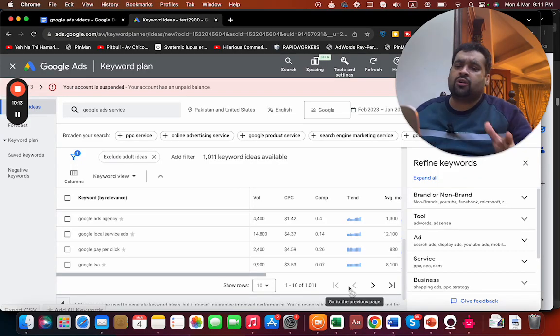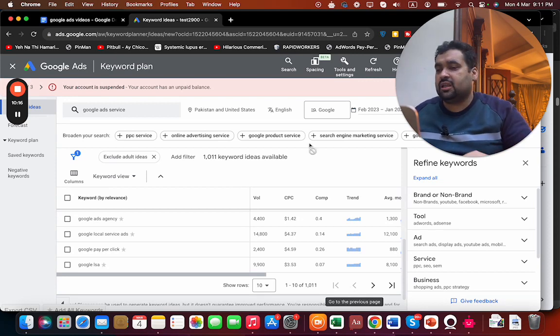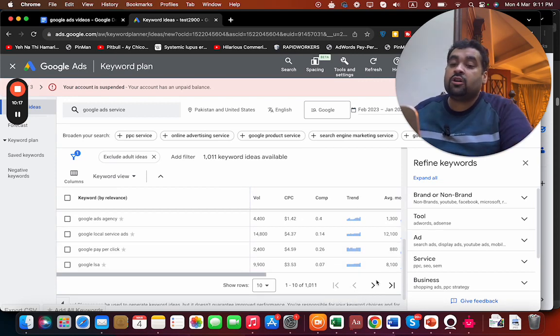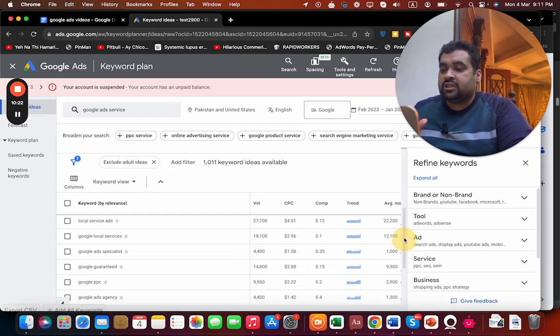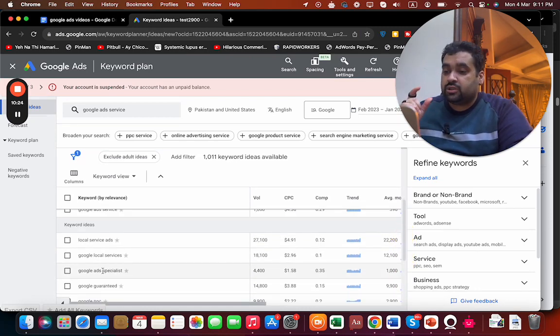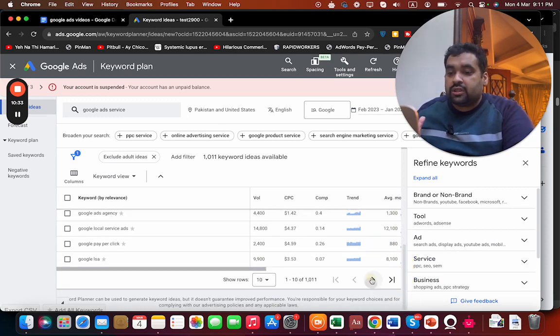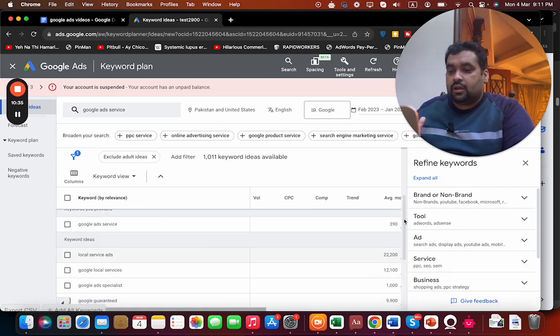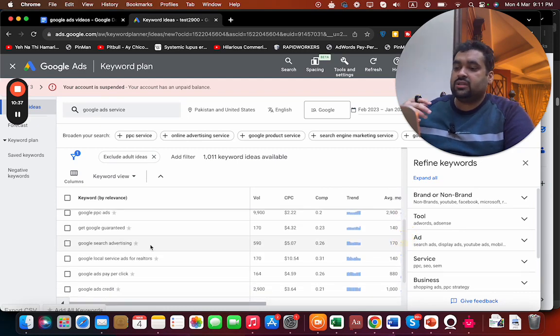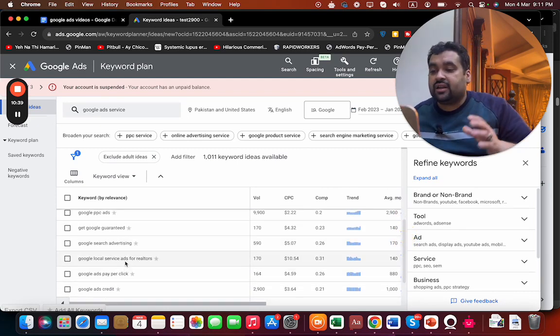In Google Ads, it is not a good idea to add hundreds of keywords in the same campaign. You may waste spend because the intent of the user is different with each query. Someone searching for Google guaranteed or for a Google Ads specialist may have a different catchy point than someone searching for local service ads. So you need to understand what the user has in mind when someone is searching for Google local service ads for realtors.